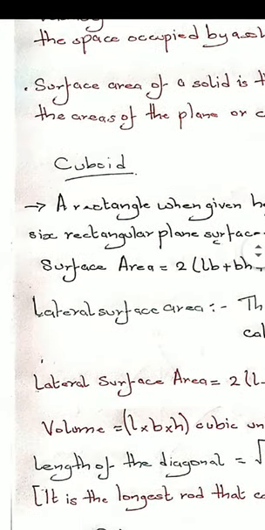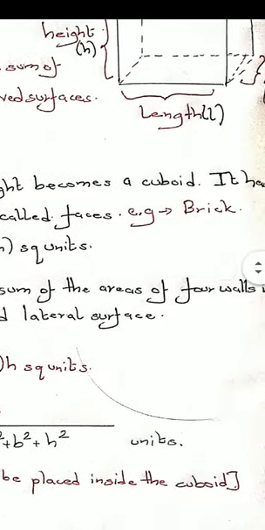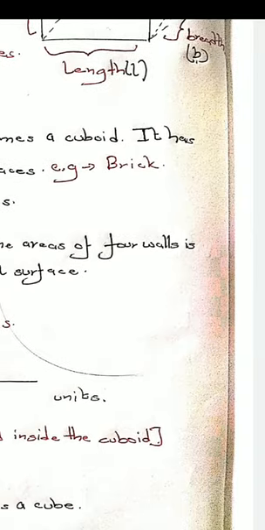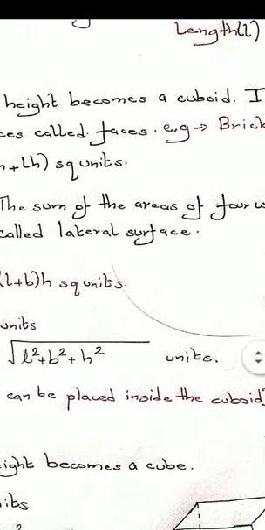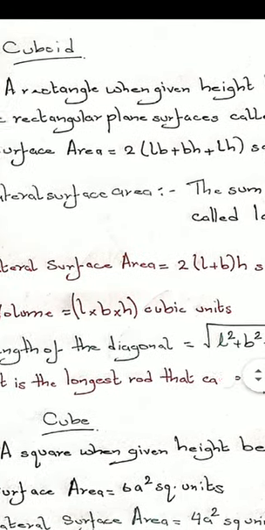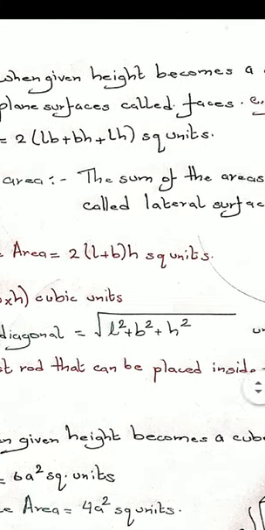So let's go to the other topic, that is lateral surface area. Lateral surface area is nothing but the area of only the four walls in a room. That means the surface area which we can see directly. Lateral surface area is 2 into (L plus B) into H square units.